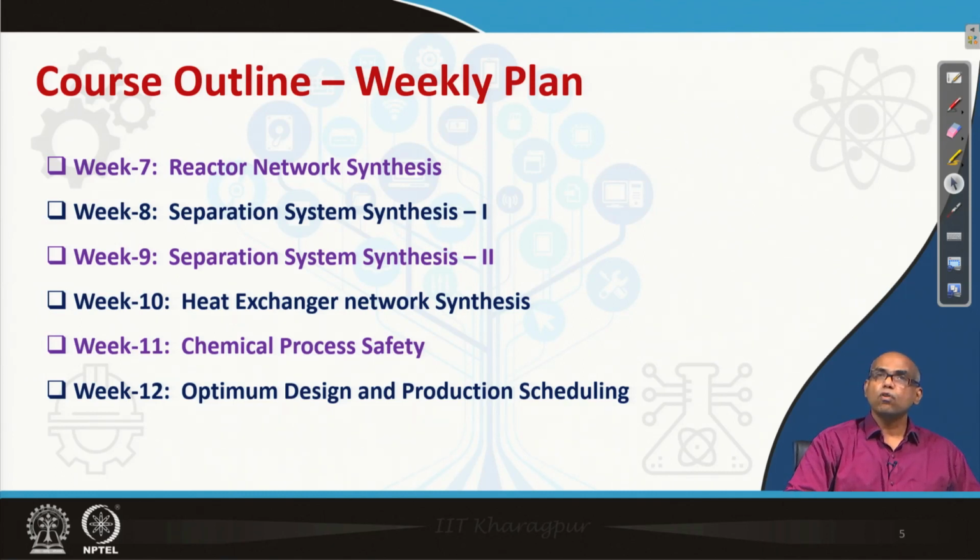A chemical reactor is often the heart of the chemical engineering process. Immediately after that, oftentimes a separation system will follow. The separation system is very important for chemical engineering plants, and we will devote 2 weeks to synthesis of separation systems in week 8 and week 9.